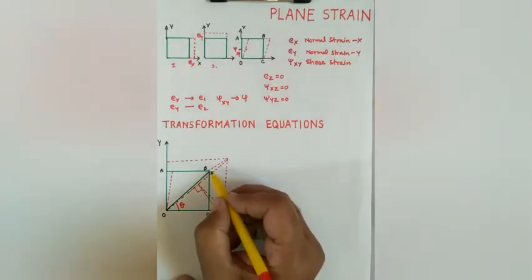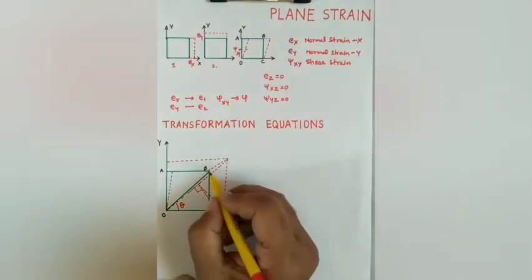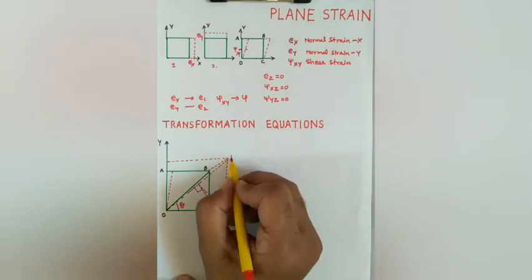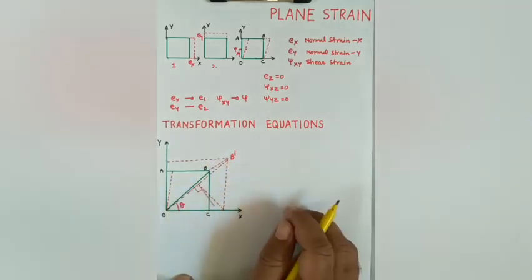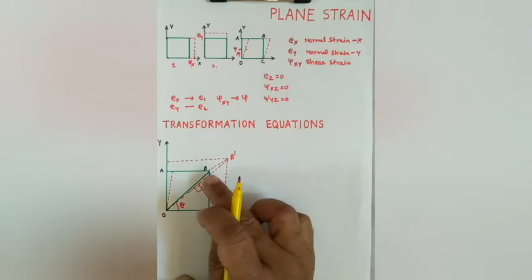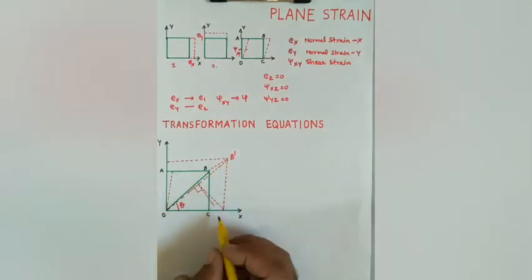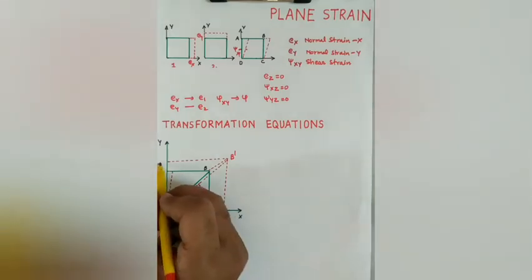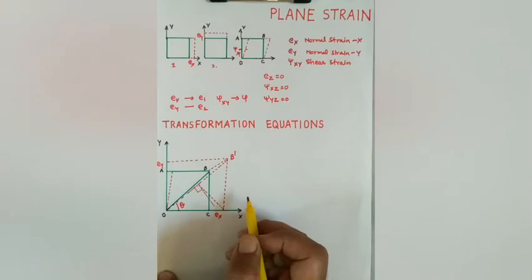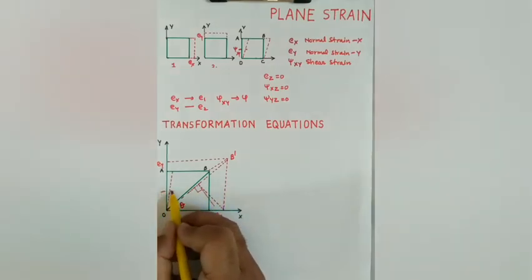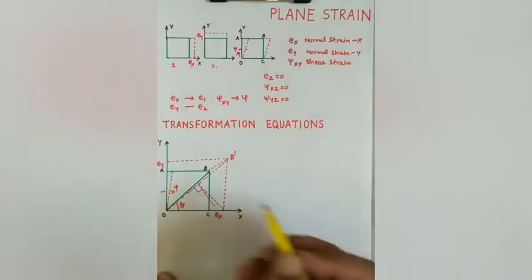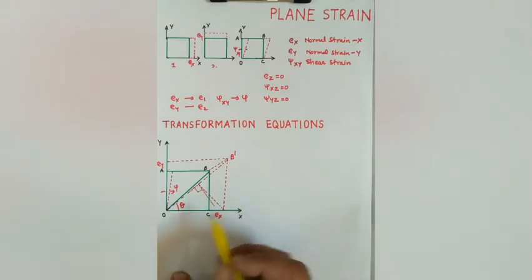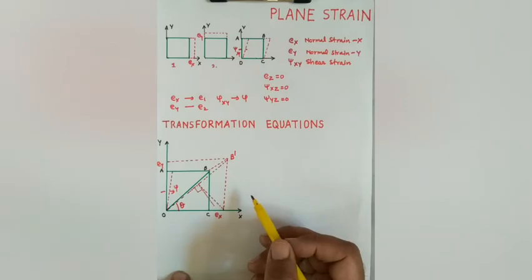So after the strain, point P is projected to B dash. This is the final position of B after the strain Ex in x direction, Ey in y direction, and psi, the shear strain, with respect to OC and OA.